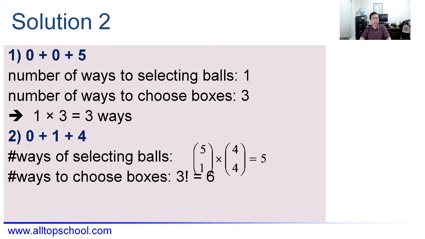Or you can do first box has 1, the second box 0, the third one 4, and so on. Totally it's just 3 factorial ways to select the buses. So 6 ways to do it. So the number of ways in this case for distributing the passengers into different buses will be 30. Okay, that's the second grouping.